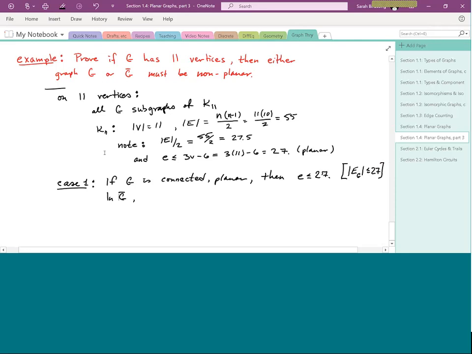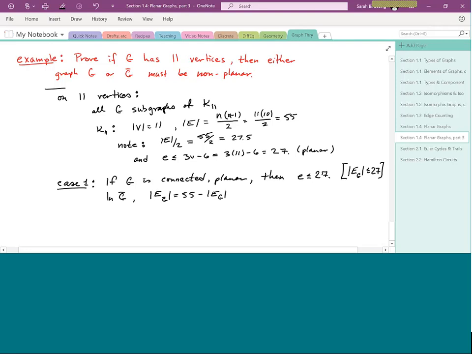I realize it now looks like an N. That's trying to be 11. It's 55. Your complement is what? It's all the edges that were in your original graph. So it's going to be 55 minus however many edges were in this guy. So the number of edges in the complement graph would be 55 minus the number of edges in the original graph.